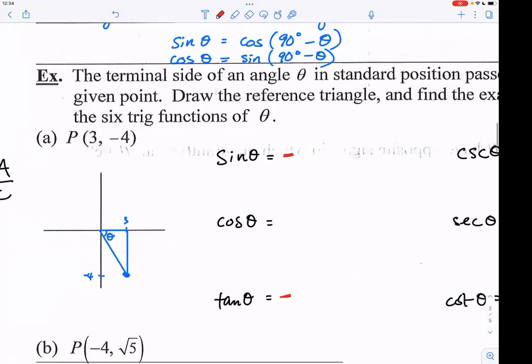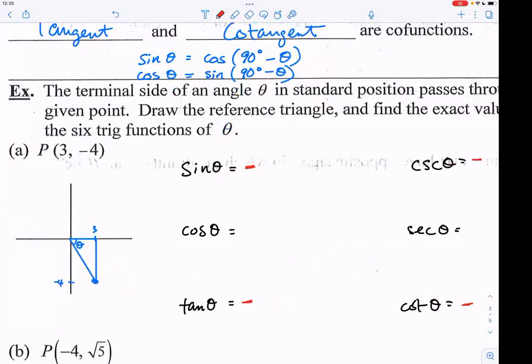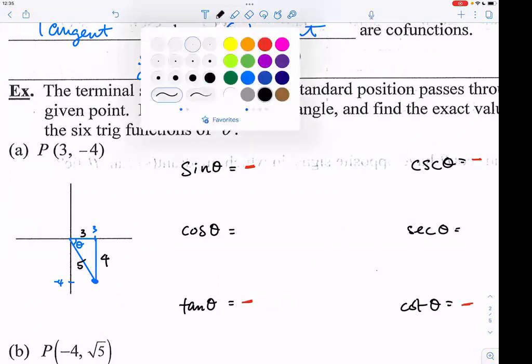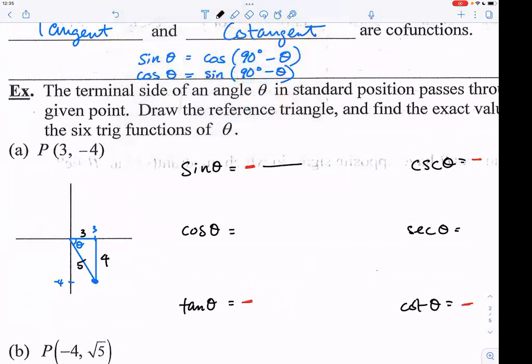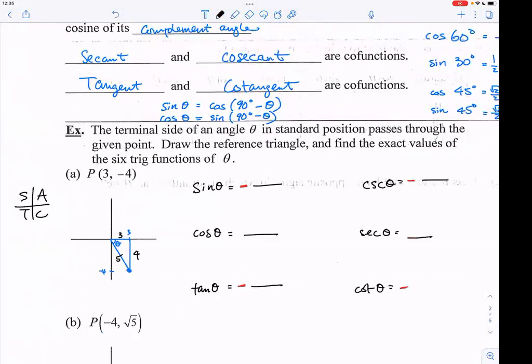But if you place the minus ahead of time, then one thing I can guarantee you is that you will never forget about the signs. So the length is 3. This is 4. What's the hypotenuse? It's a 5. So now you just need to get all the ratios in place.